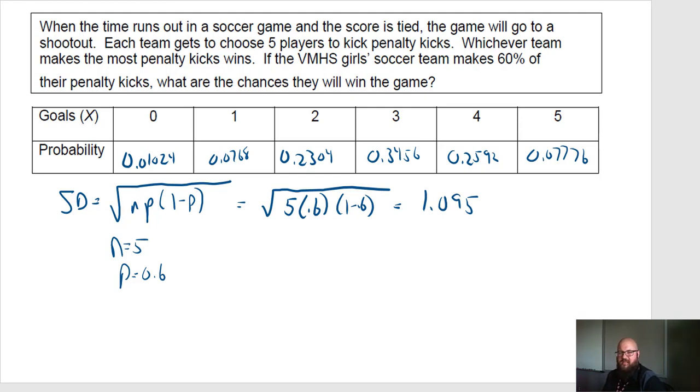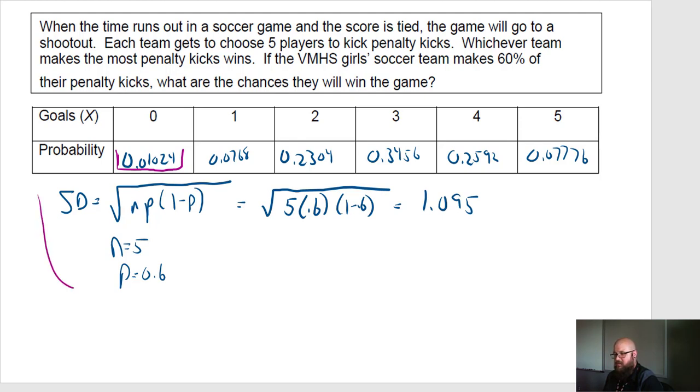All right, so now let's think about what the probability is that the team scores at least 1 goal. Well, we know the probability of scoring 0 is this guy right here. If we took 1 and subtracted that, wouldn't that give us the probability of scoring at least 1?